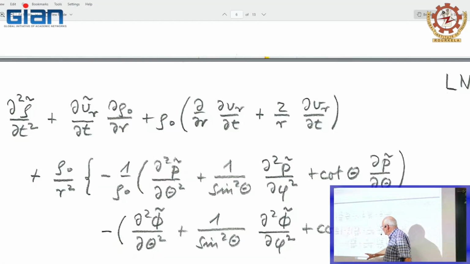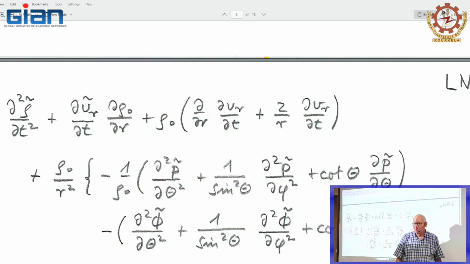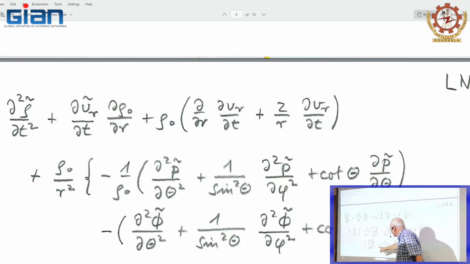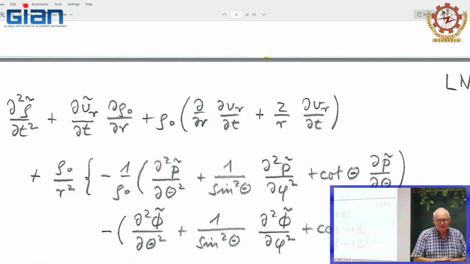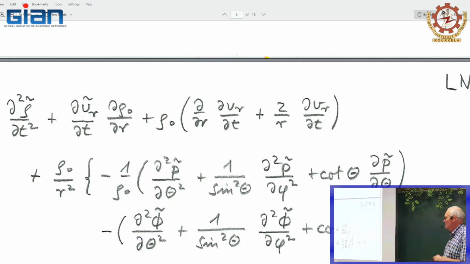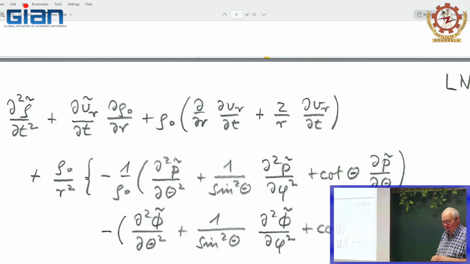The same combination of the angular derivatives is found for the potential here. So these are the same combinations of the derivatives with respect to the angles theta and phi.